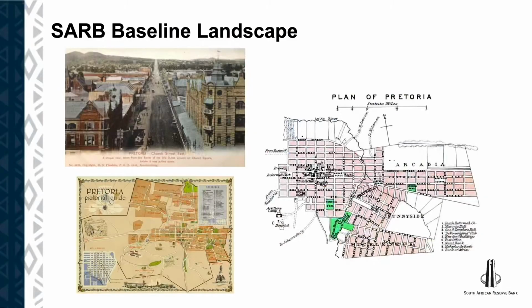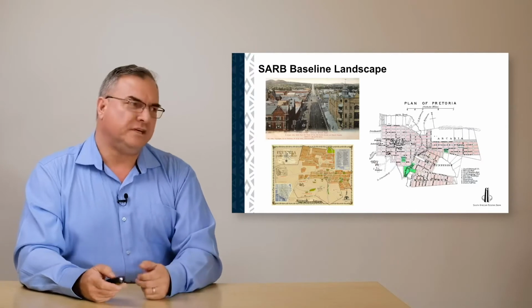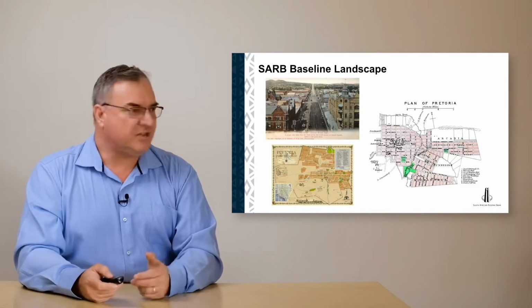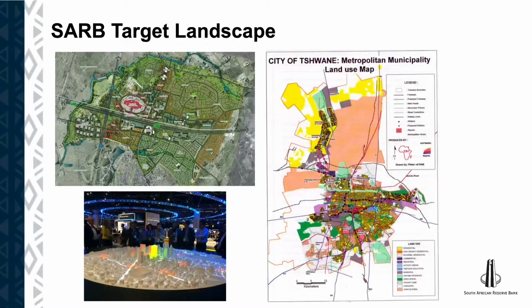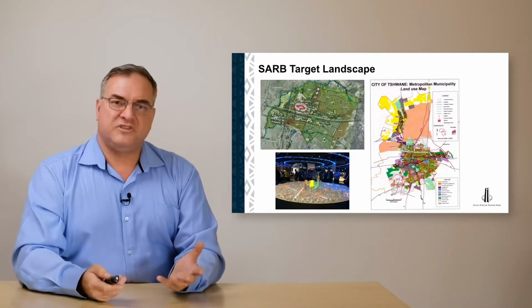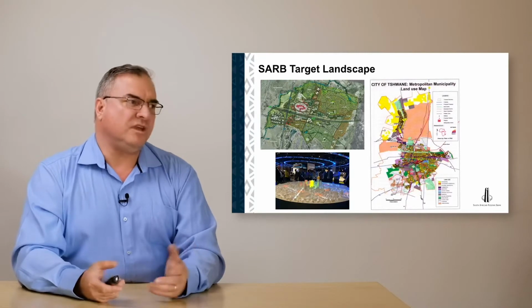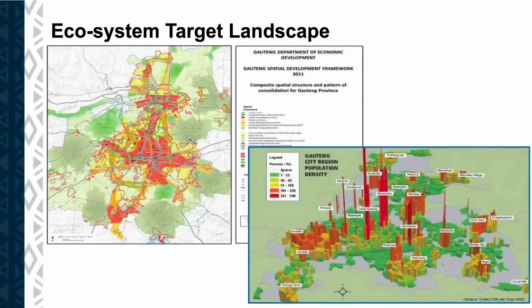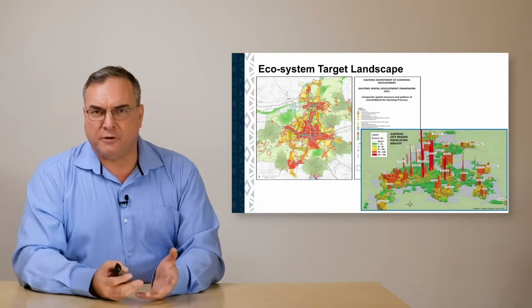So our baseline is typically captured across the different components of the architecture landscape. Similarly, we set a target and we define the future state. And for the South African Reserve Bank, we found it useful to even think about the ecosystem or the extended enterprise because we're not an island of operation.